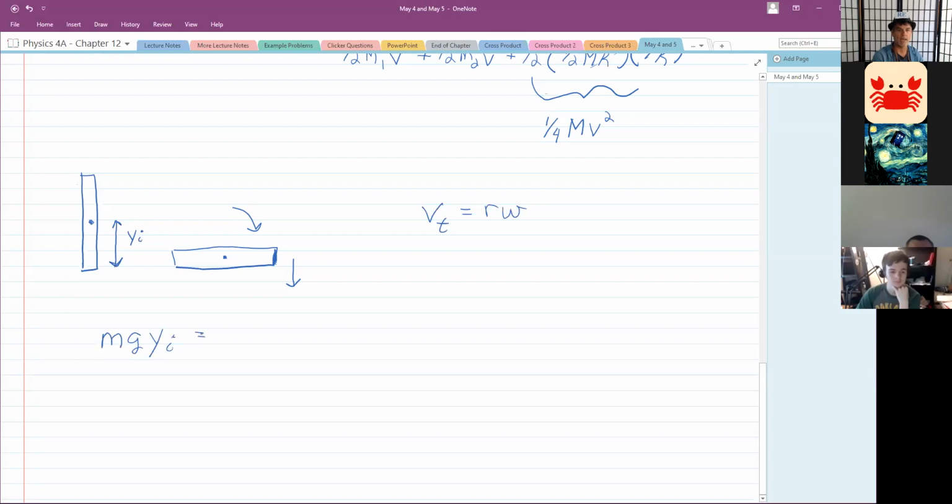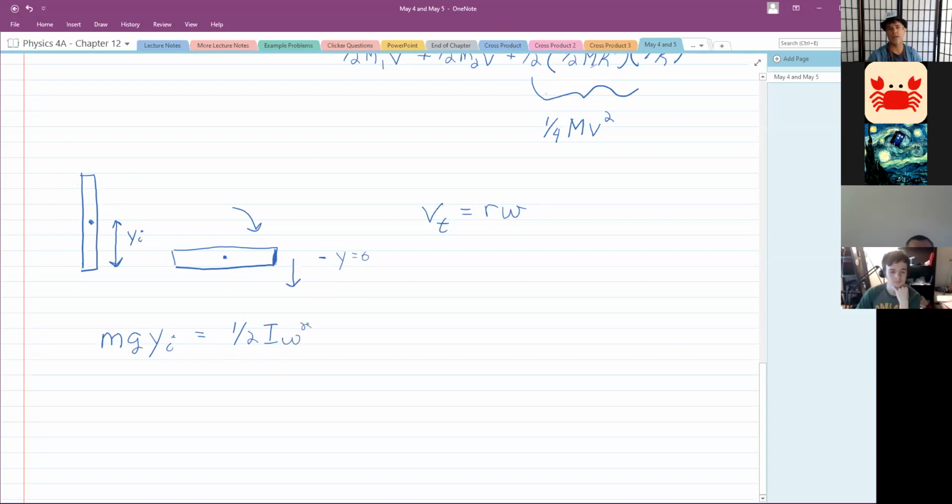And right before it hits the ground, I can consider the thickness of this meter stick to be pretty small, so I'm just considering y equals 0 right at the bottom. It is, however, rotating. And so it has rotational kinetic energy, and that's equal to 1/2 I omega squared.